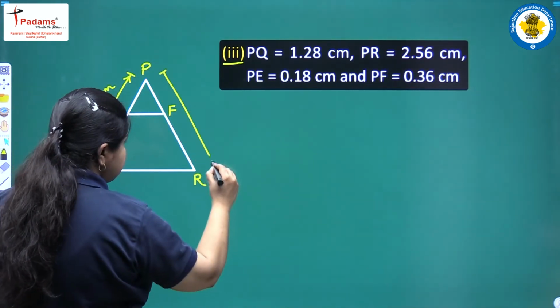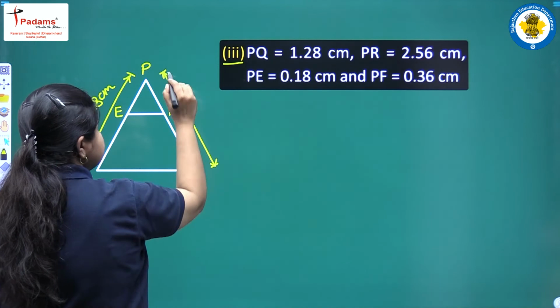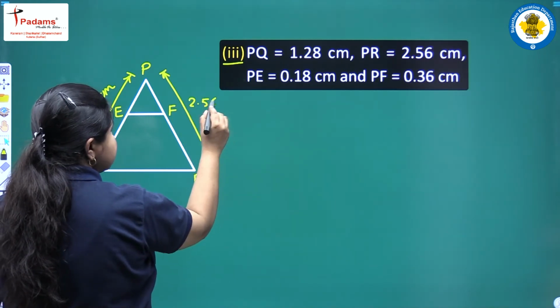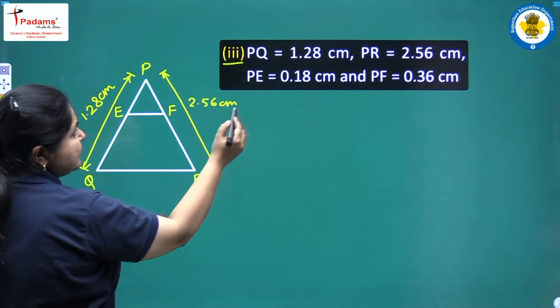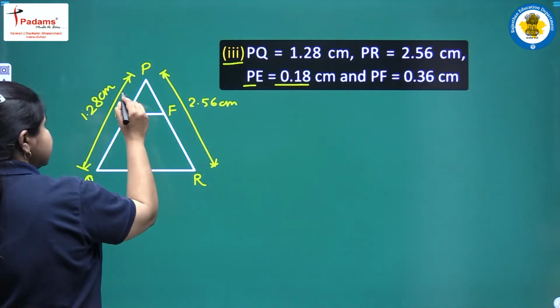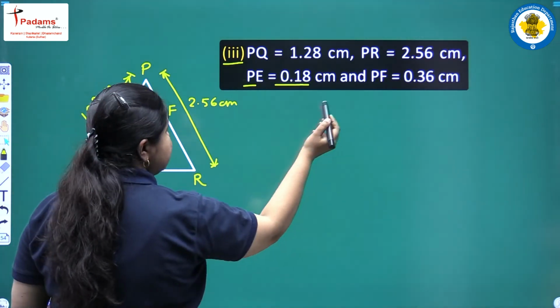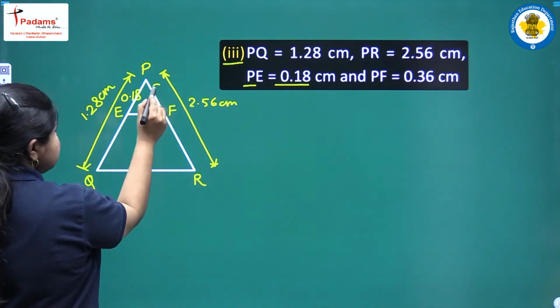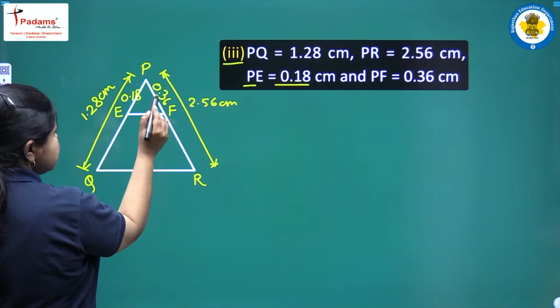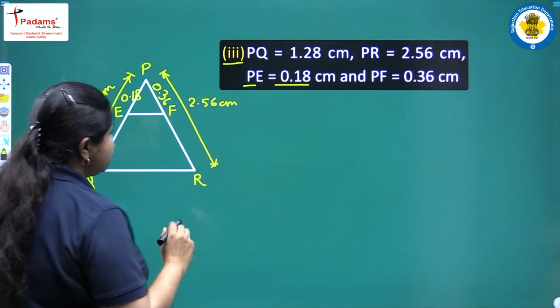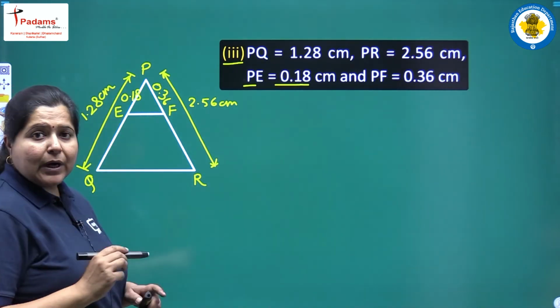P से लेकर यहाँ R तक ये टोटल लेंथ आपको दी है 2.56 centimeters. Then we have PE 0.18 centimeters and PF 0.36 centimeters long. And now we have to check whether EF is parallel to QR or not.